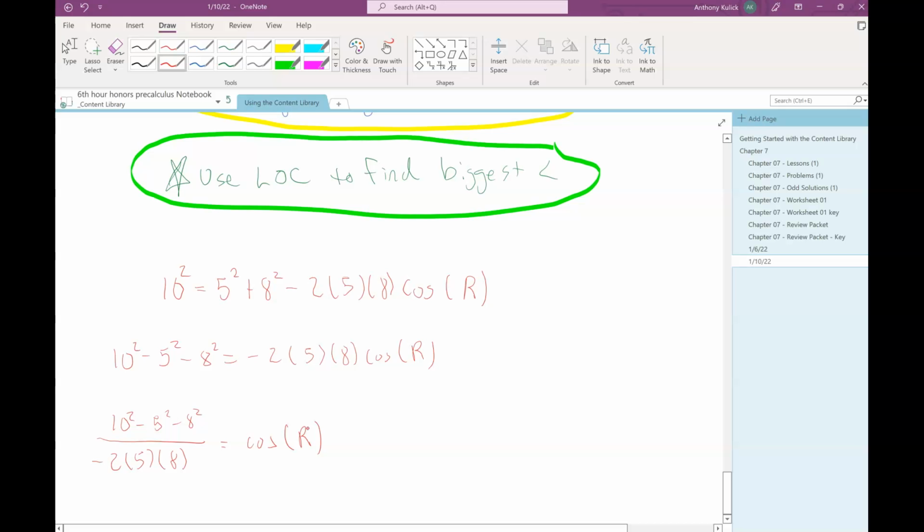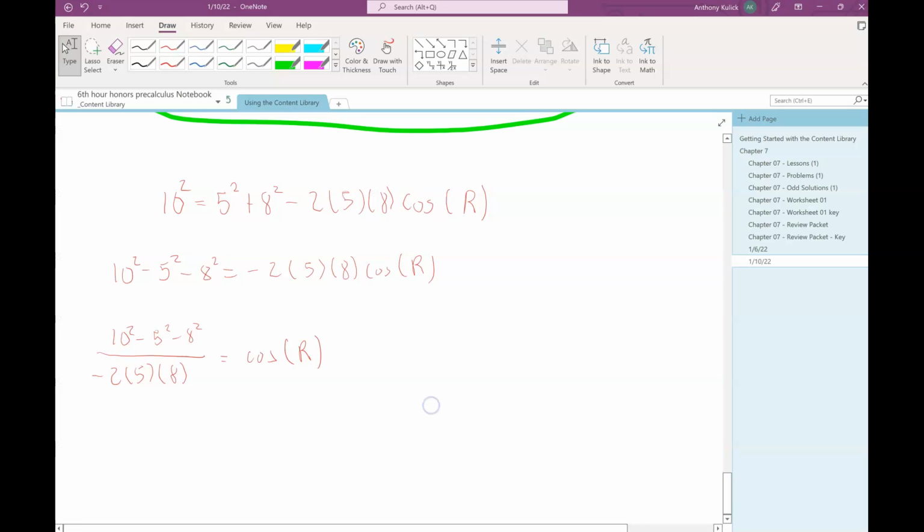Everybody still doing good? And then to get rid of that cosine, we use cosine inverse.